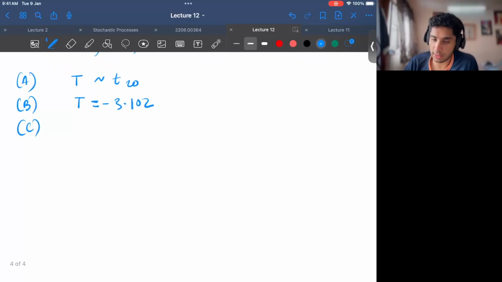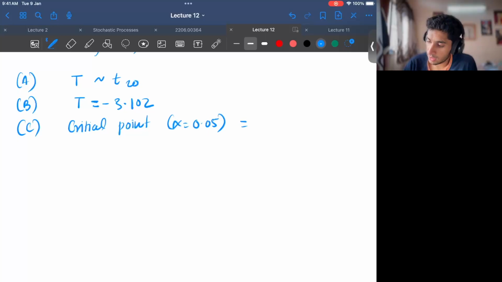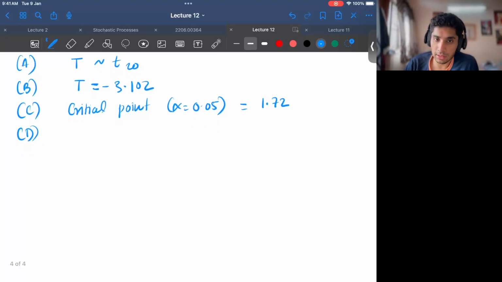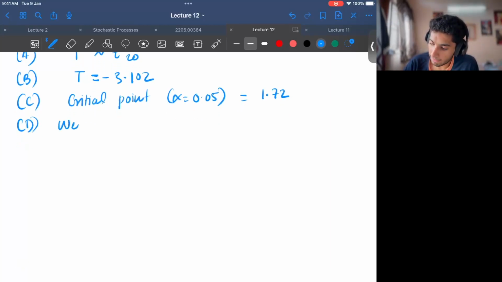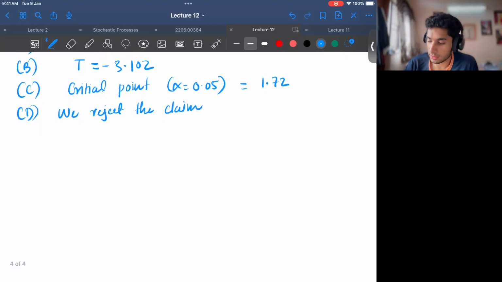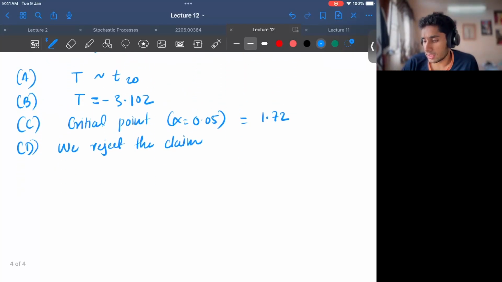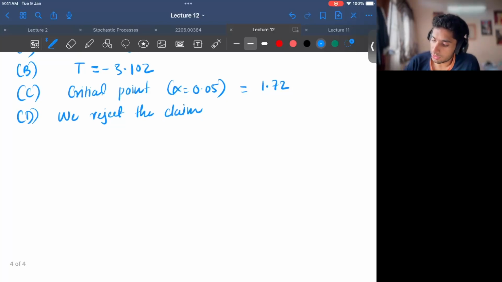The third statement is that the critical point at alpha 0.05, the 5% level of significance, is equal to 1.72. And the fourth statement is that we reject the claim of the company. We have to tell which is true, which is false, and so on.